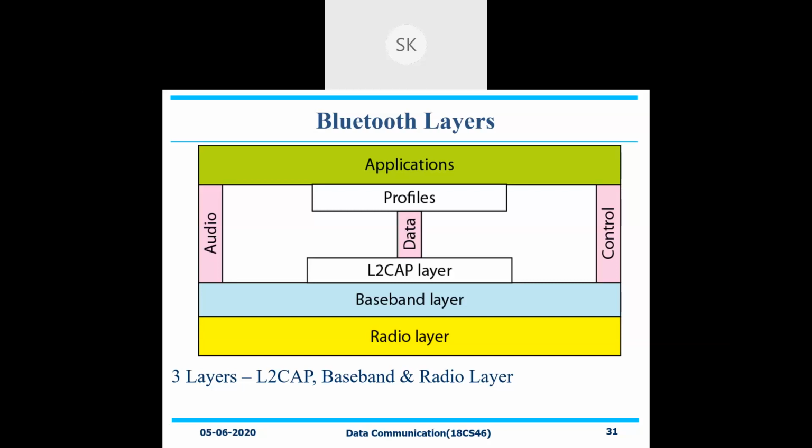So a lot of things are there. One by one, we need to check them out. What is L2CAP all about? L2CAP refers to the Logical Link Control and Adaptation Layer.